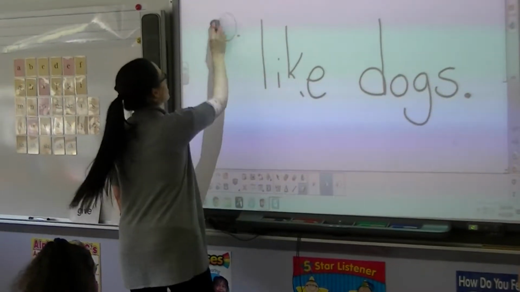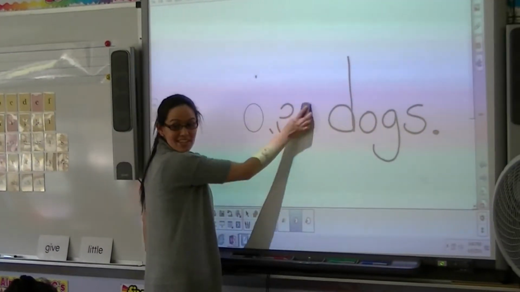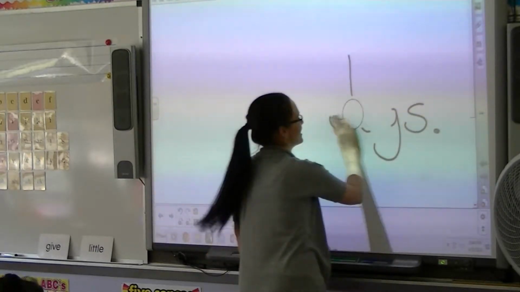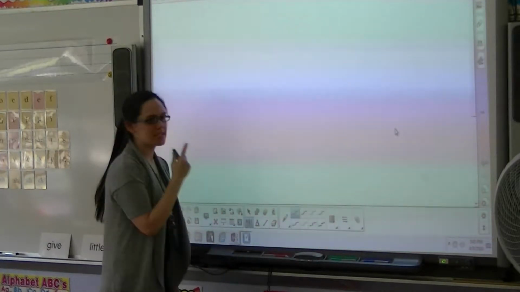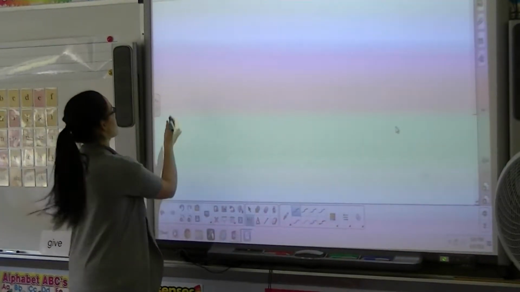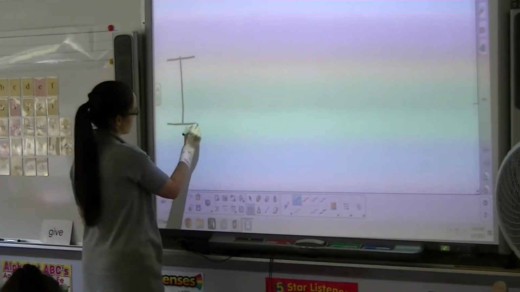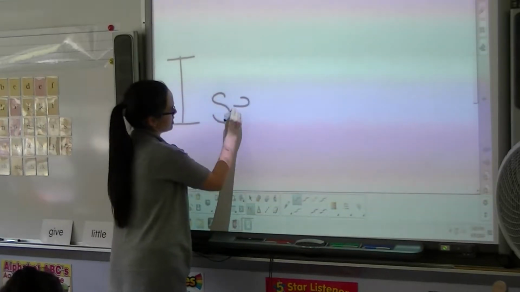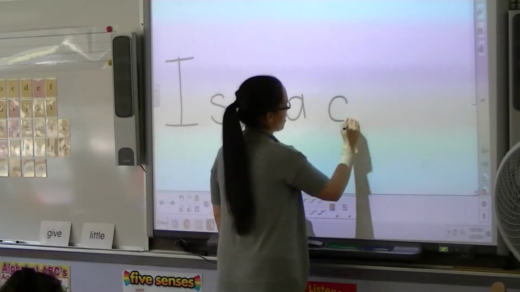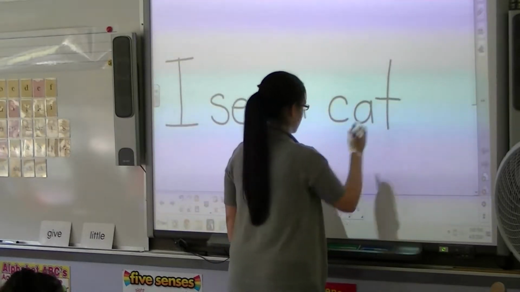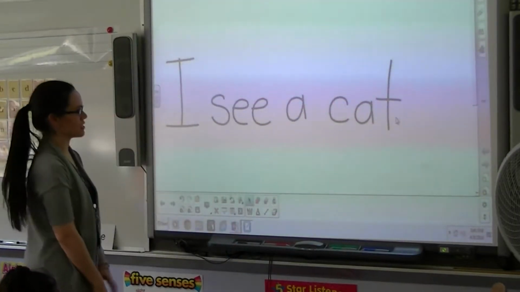All right, I'm going to do two more. Okay, now watch this. Miss Siderio is going to write this sentence. I see a cat. What's wrong with that sentence? What's that sentence missing?